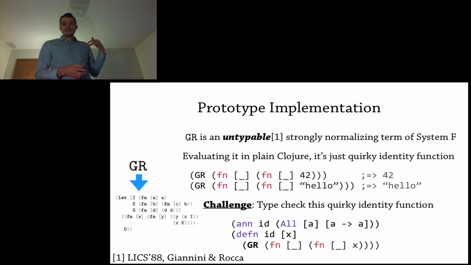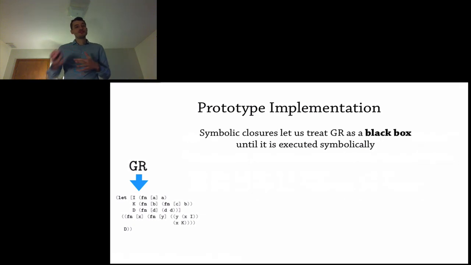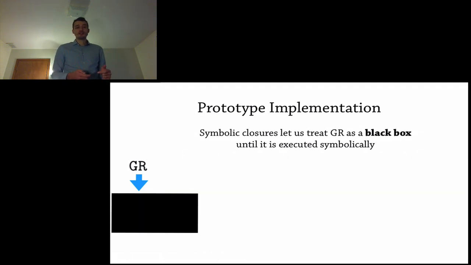This is like the essence of why I think symbolic closures are really exciting, because the body of this identity function is untypable, probably in type closure as well, but the interface is fairly benign. So symbolic closures allow us to treat GR as a black box until it's executed symbolically.